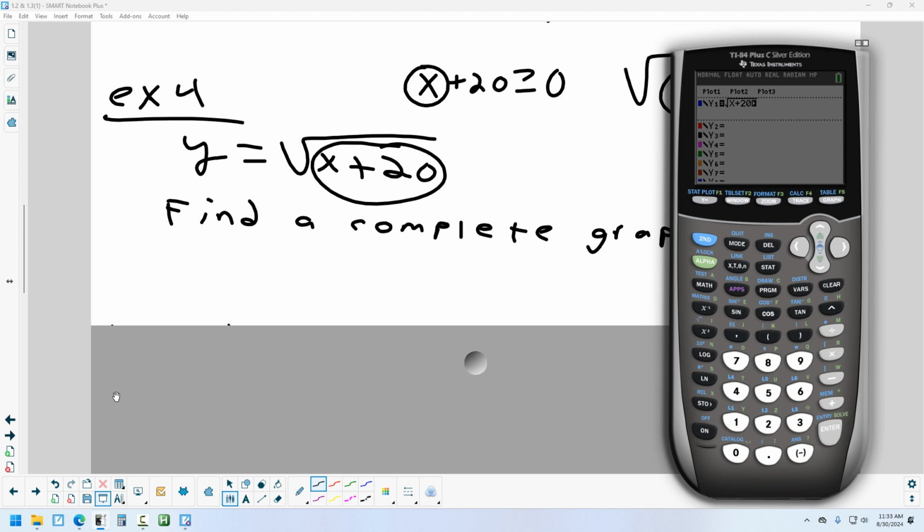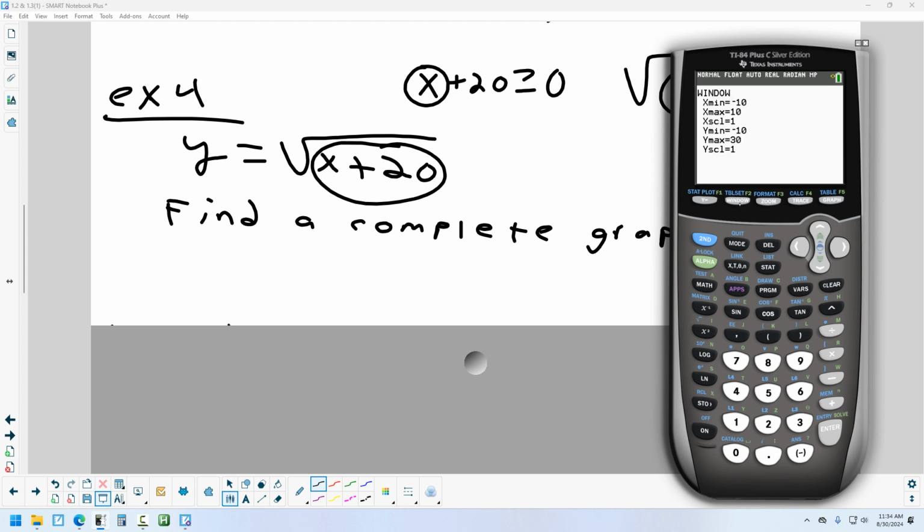If you go lower than -20, it's not going to work. If you plug in like -21, -21 plus 20 is -1. You can't take the square root of -1 when you're dealing with real numbers. I was going to show you, but I guess I'm not. Second, square root. You can't take the square root of a negative number and get a real answer.